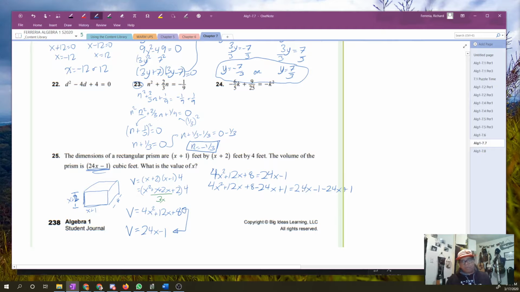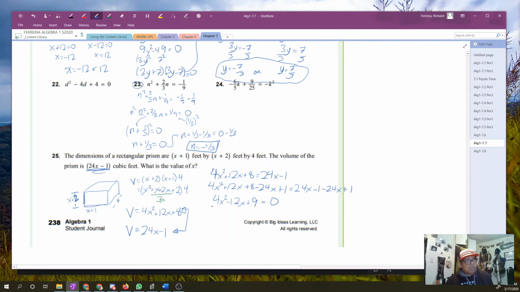Maybe I'm guilty of rushing this a little bit, but I want to get 0 on that right side, so I'm just going to subtract everything out of it. Okay, 4x squared. We've got 12x minus 24x, that's minus 12x. We've got 8 plus 1, that's a 9, and that's equal to 0.